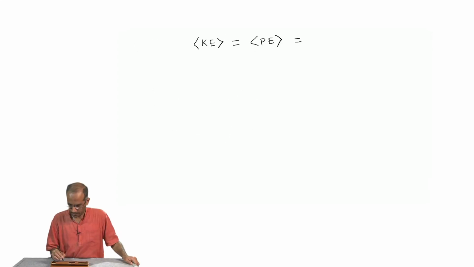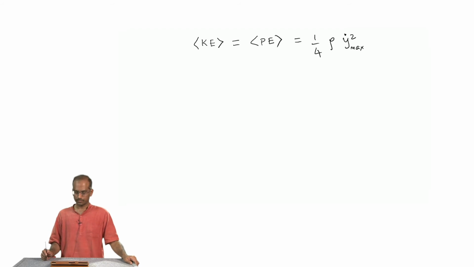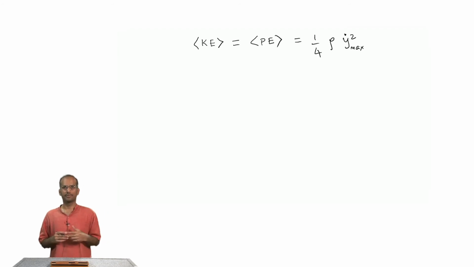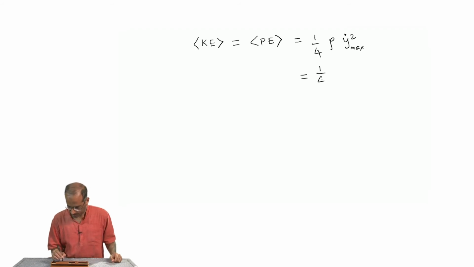Both are equal to 1 by 4 times rho into y max dot square, and this expression can also be written in terms of the amplitude of the displacement itself, in which case it will simply boil down to 1 by 4 into rho into omega square into y max square.